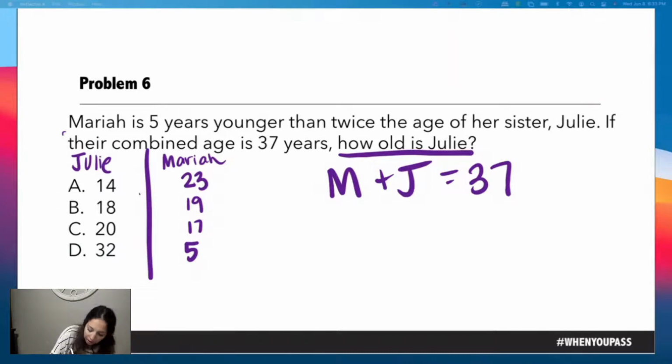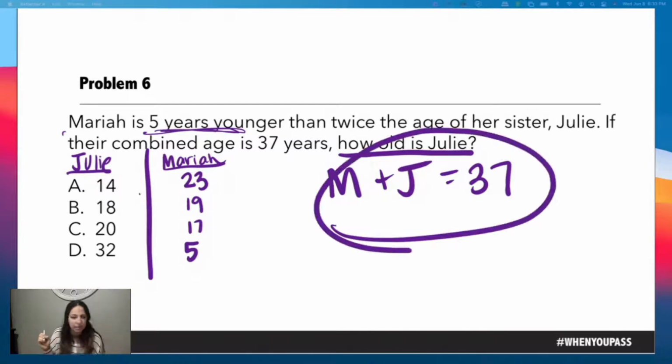So now that I see all of this, I can think, okay, twice the age of Julie, 14 plus 14 is 28, and then she's 5 years younger. So I can play with these answer choices if the algebraic way doesn't make sense to me, or if I can't remember that.